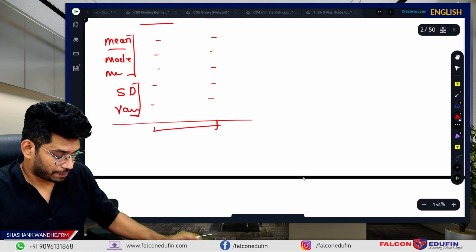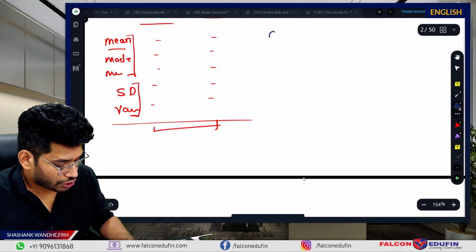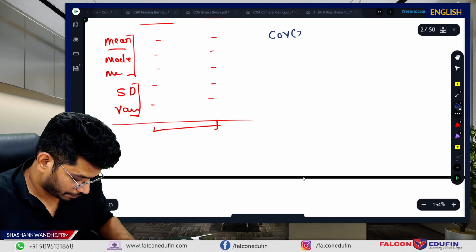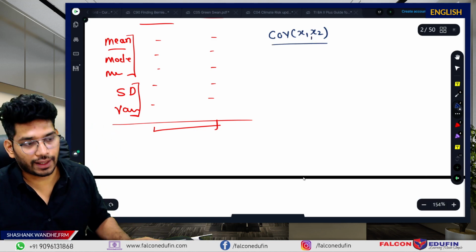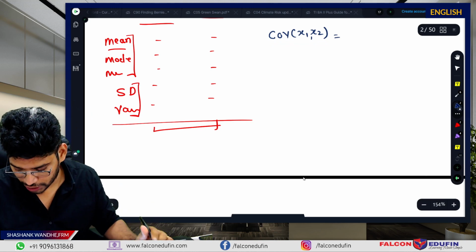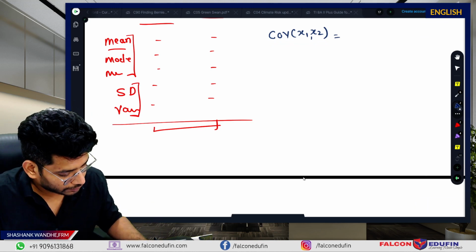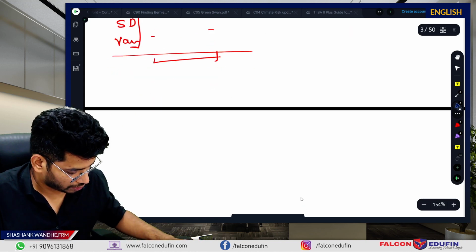Now next, dependency, the correlationships. In dependency, first is the covariance between x1 and x2. The formula for covariance calculation is, wait a second, I'll take a separate space.